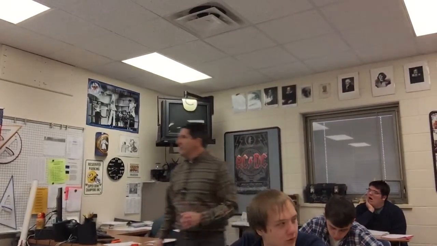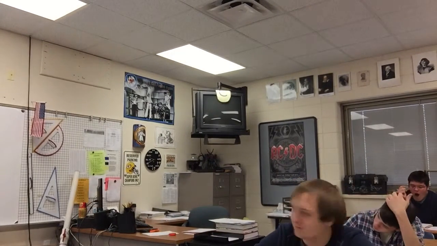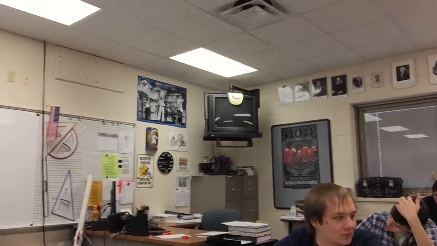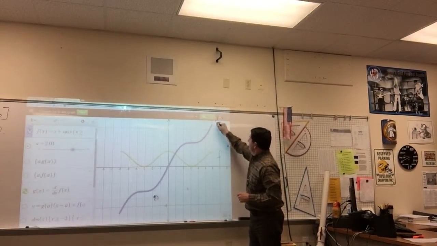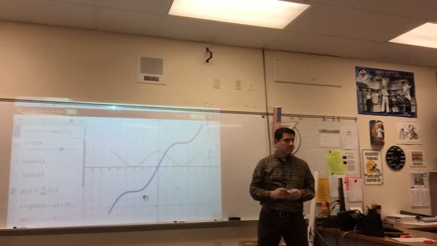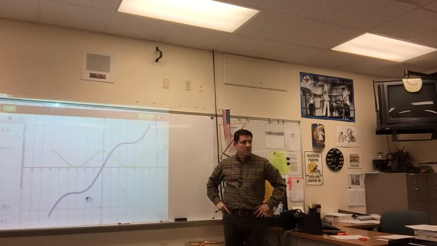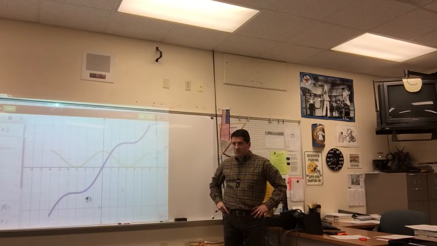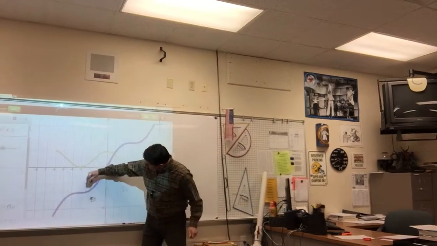Now take a close look at this graph and see if you can justify why it makes sense. This is the graph of f. It's always increasing, but when the derivative is 0, it still has a slope of 0.